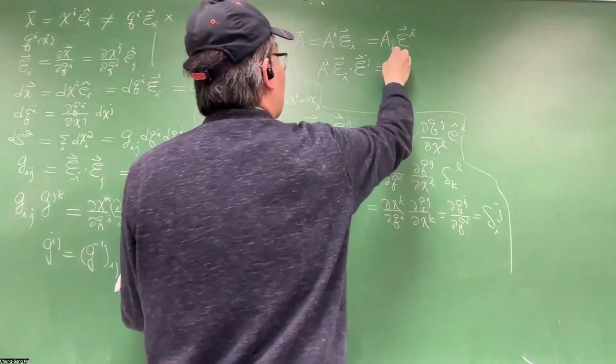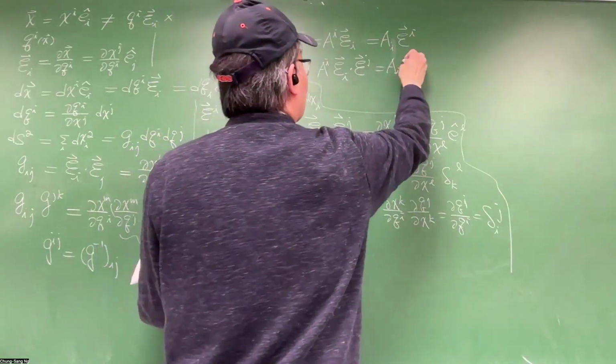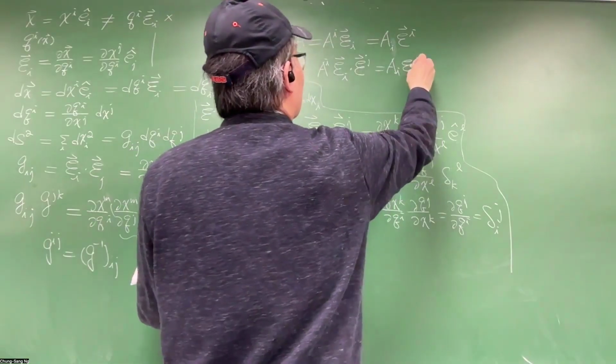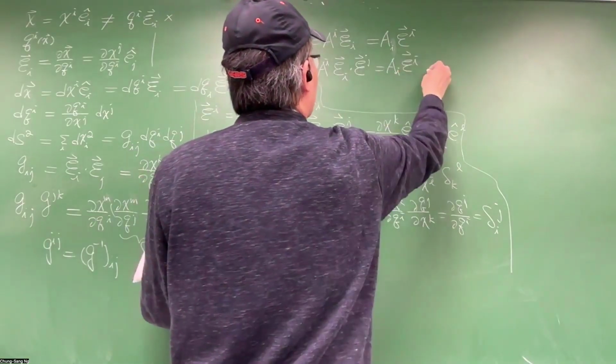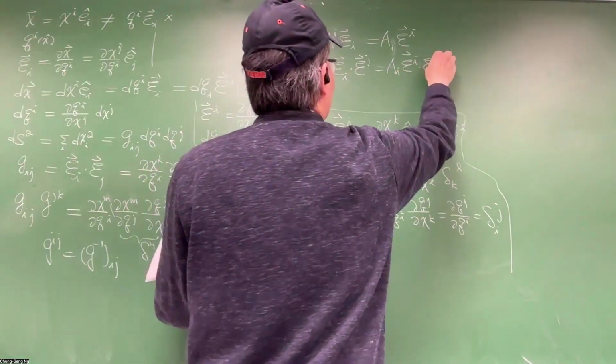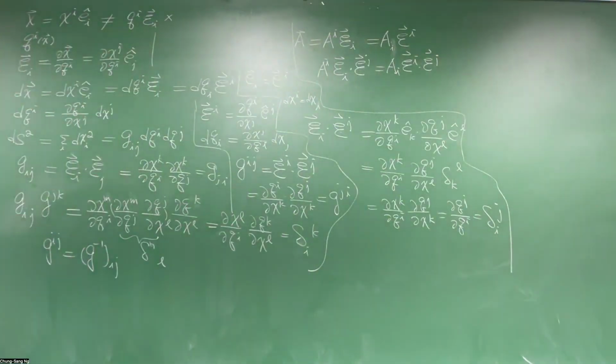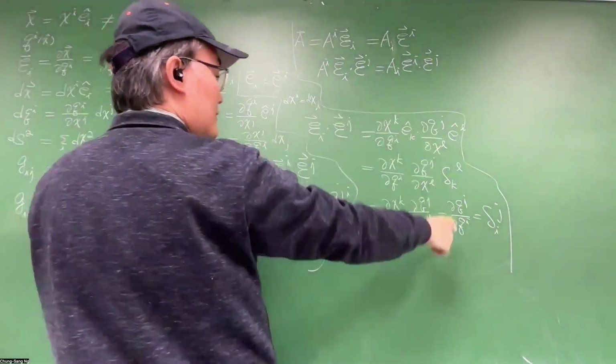Right, that is A^i dot epsilon^j. Right, and now you use this one.